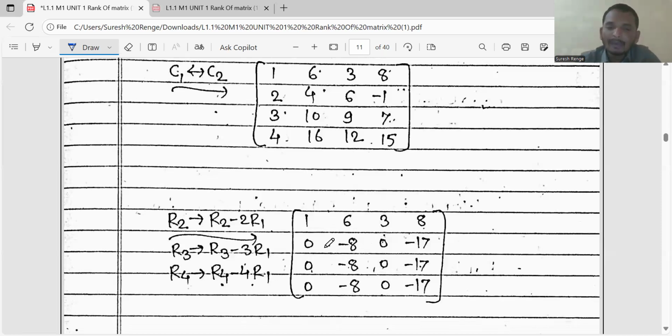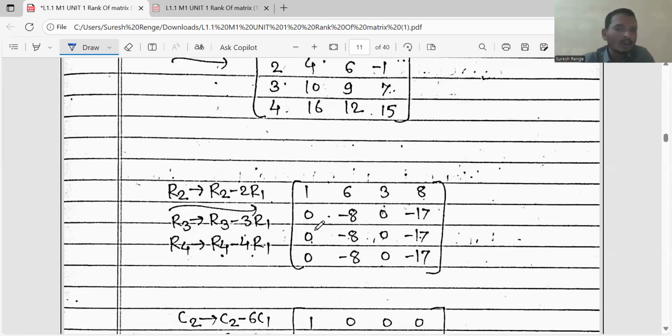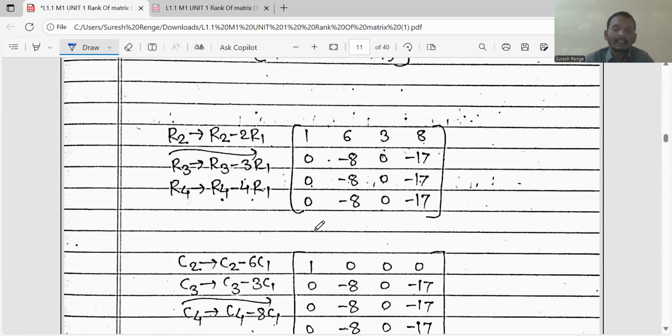Now we have applied these operations and made all the elements below the leading element equal to 0. The elements below the leading element we have made zero.